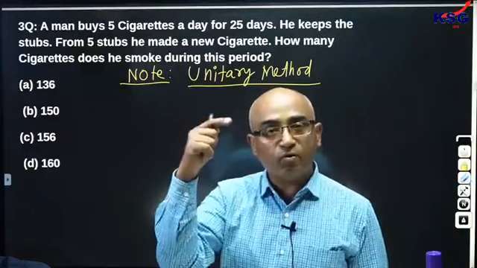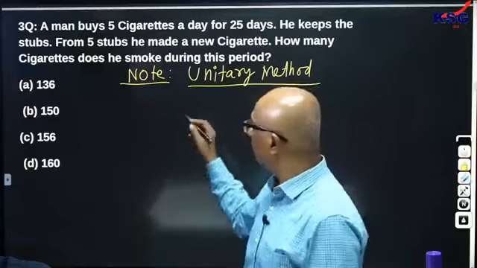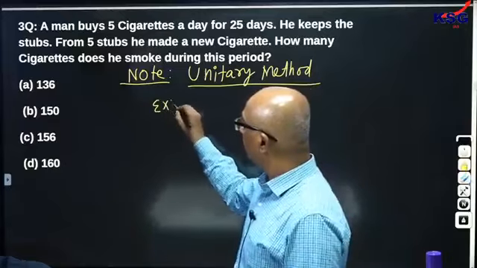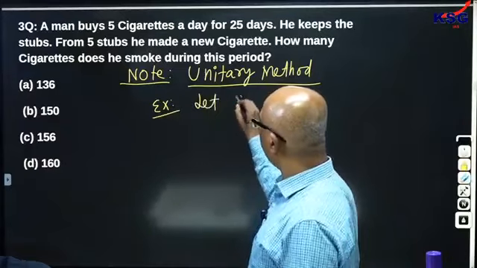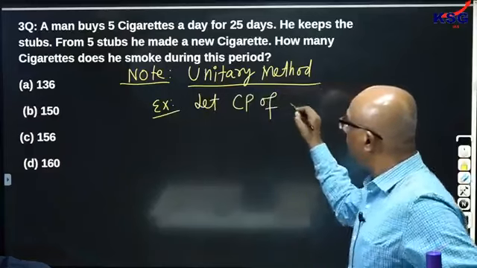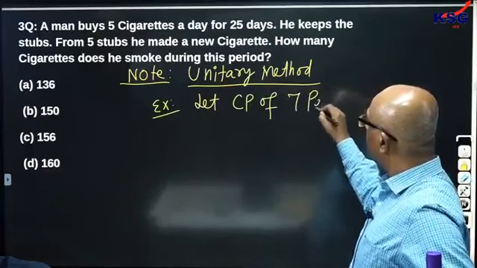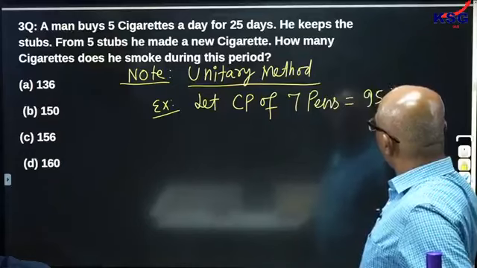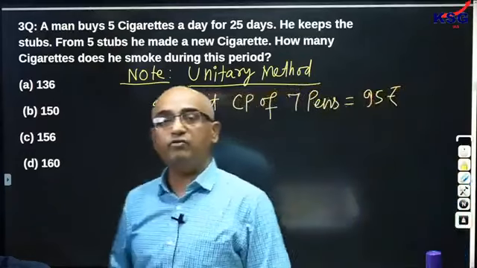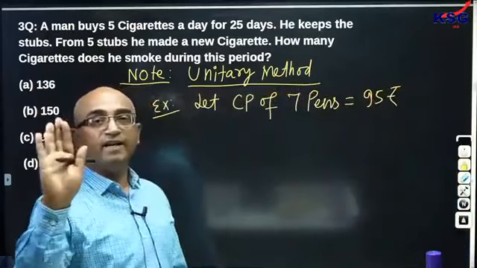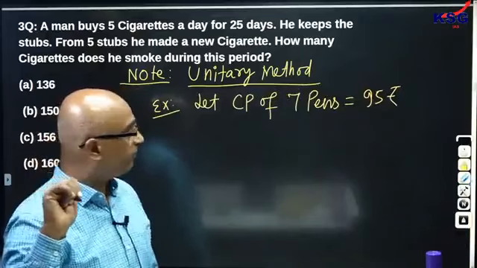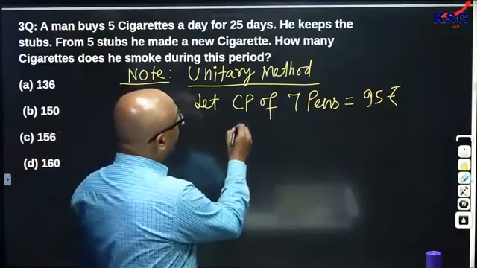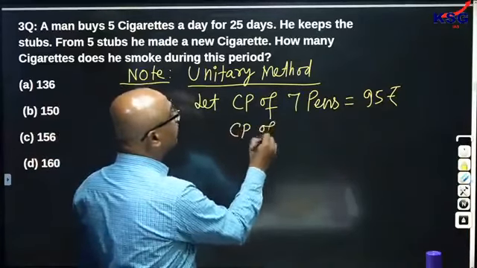So first find for 1, then find for the required. See one example. Let the cost price of 7 pens be 90 rupees. They connect with real life, 7 pens. So your first aim should be to calculate the cost price of 1 pen.